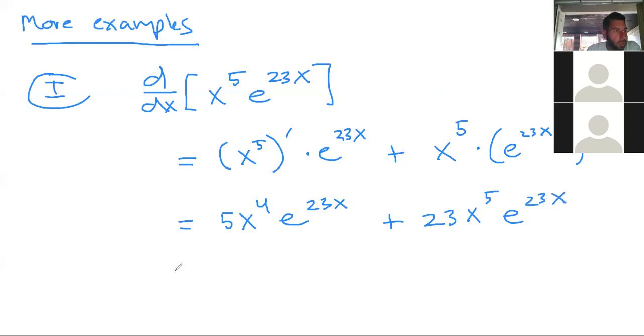If you want, you could factor out some common factors like x to the 4th times e to the 23x, and you're left with 5 plus 23x.